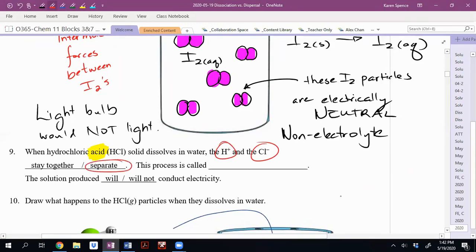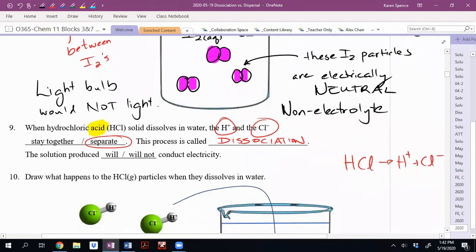And this process, where our HCl splits apart into H plus and Cl minus, what do we call that process? Dissociation, because you're dividing into ions. Separate. Exactly, that is dissociation. Okay. And will the solution produced conduct electricity or not? Yeah, it will conduct because we have those ions.